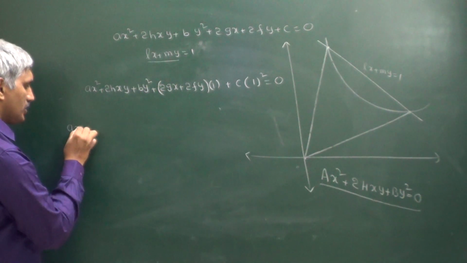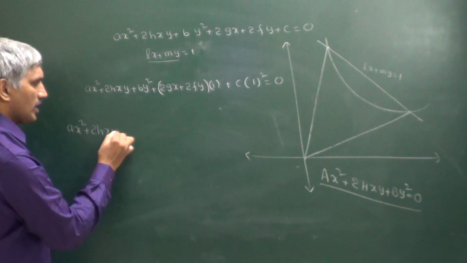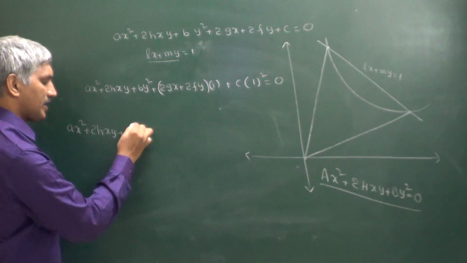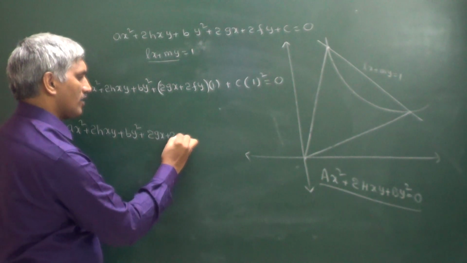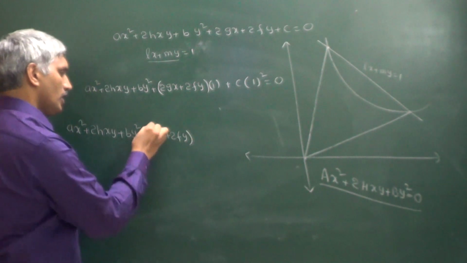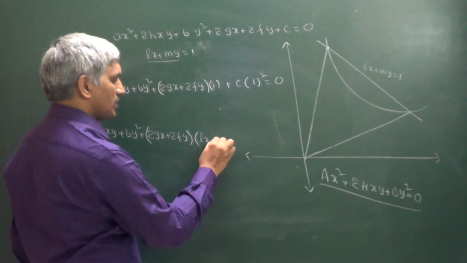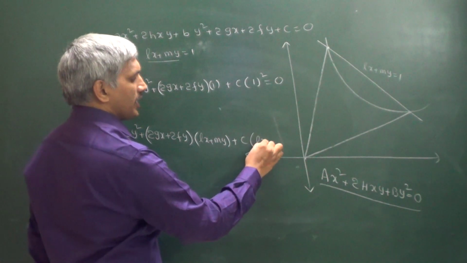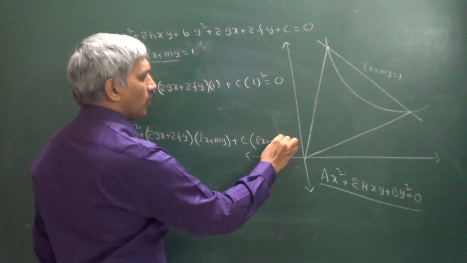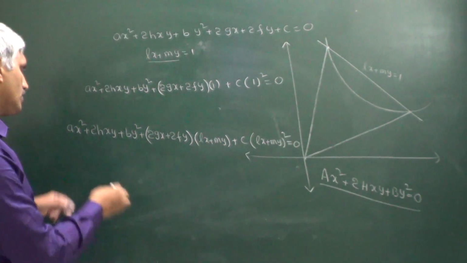Then we get ax square plus 2hxy plus by square plus (2gx plus 2fy) into (lx plus my) plus c into (lx plus my) whole square equals 0. Now simplify.